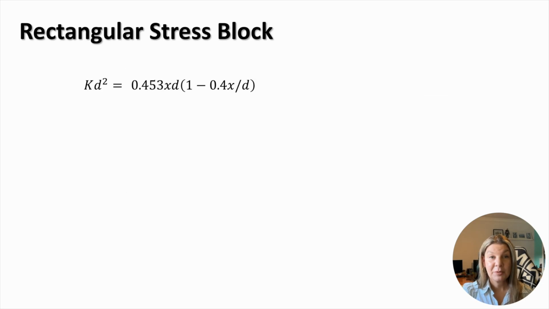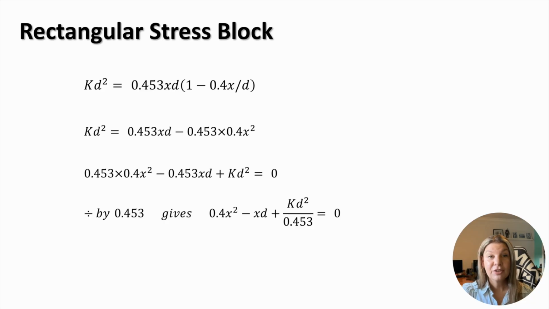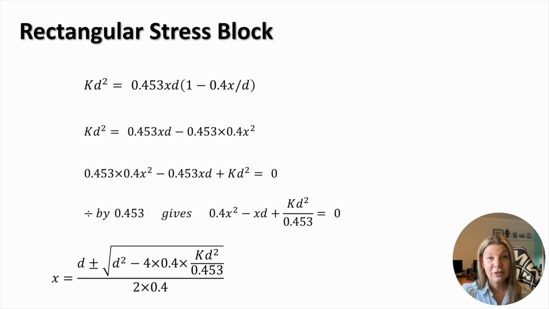Cancelling fck times b times d squared from both sides of the equality results in this expression, which after certain geometrical rearrangement gives the following quadratic expression for x. Hopefully we all remember how to solve quadratic equations, but the solution of this equation is as follows. Or in a simpler form, we can write it like this.